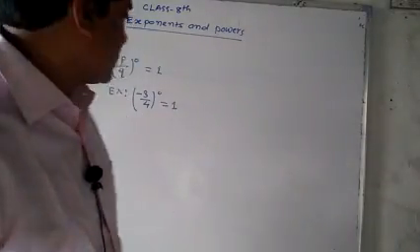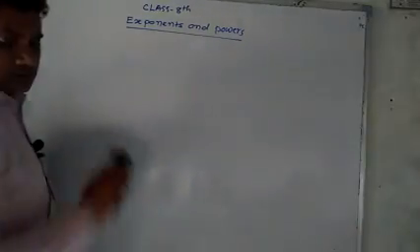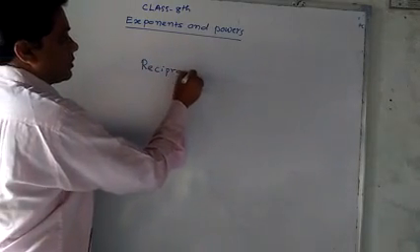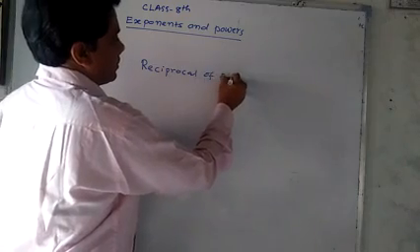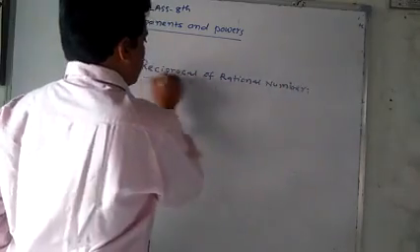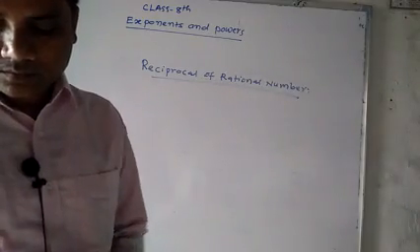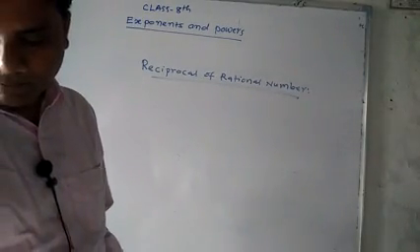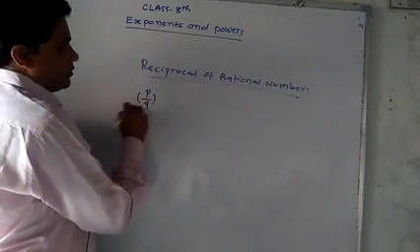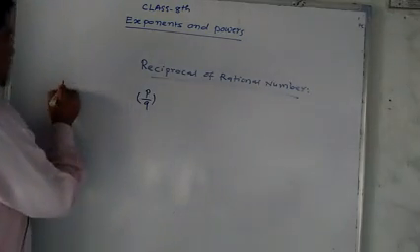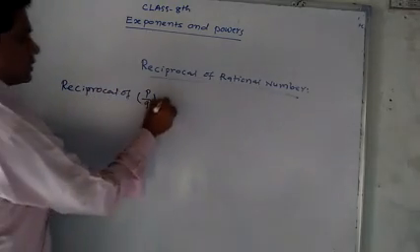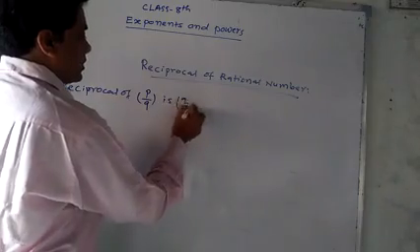Now reciprocal of rational number. Reciprocal of p by q is q by p.